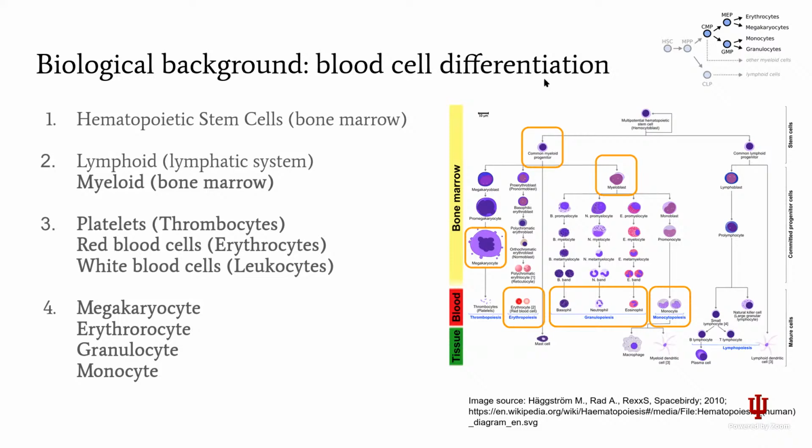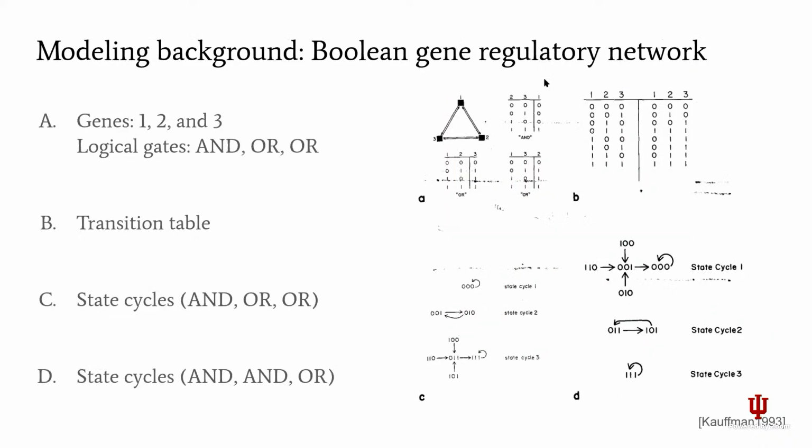The other part of the background is the Boolean generator networks. I talked about this in the last presentation, and we had more of that in our class, so I think I don't have to go into the details. More or less, we have 3 genes, and how the genes are connected together is regulated by Boolean gates.